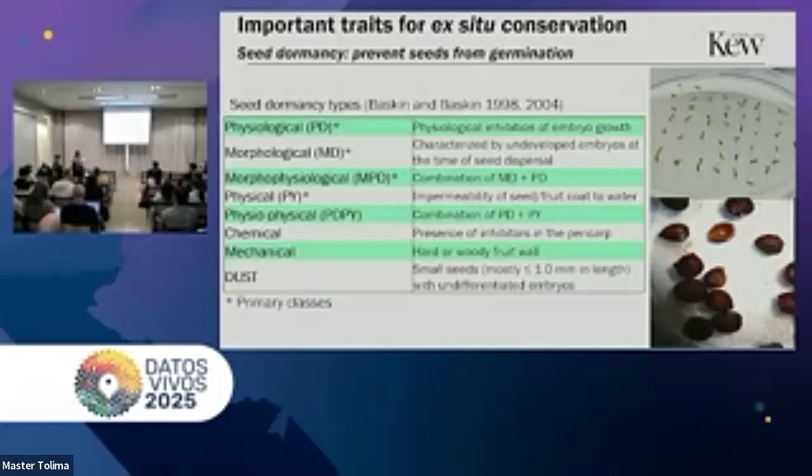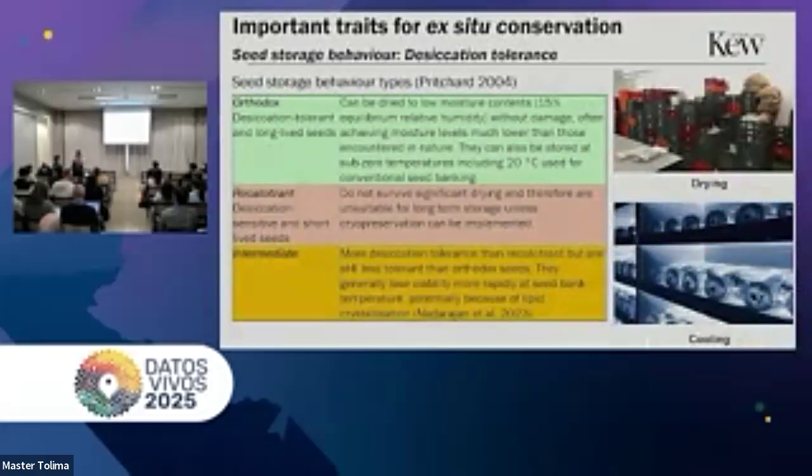Next slide, please. So seed storage behavior is the most critical trait for conventional seed banking. It determines the response of seeds to drying and cooling. The orthodox seeds tolerate drying and cooling and are suitable for seed banking, but recalcitrant seeds don't and are not suitable for seed banking.